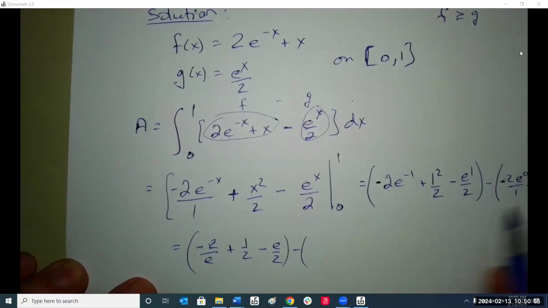e to the 0 is 1, so that makes it negative 2, minus negative 2, and 0 is gone, e to the 0 is 1, so it's minus 1/2.